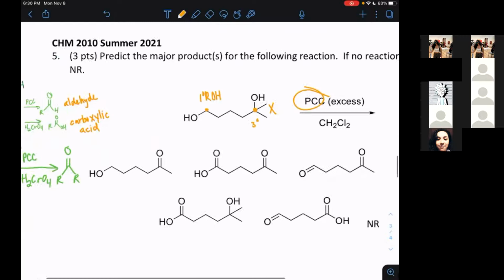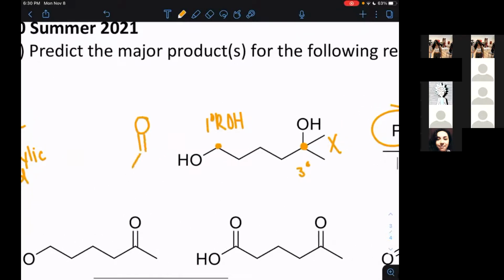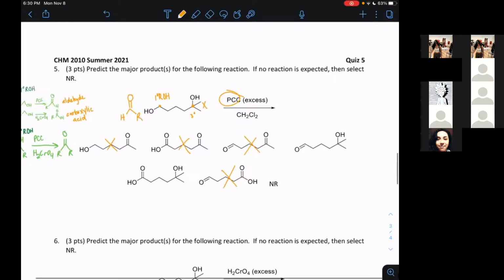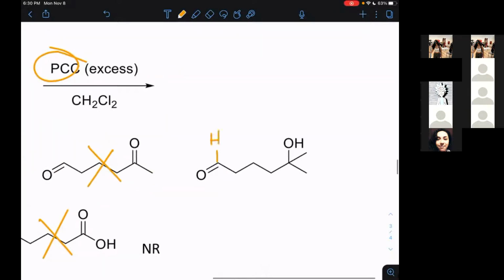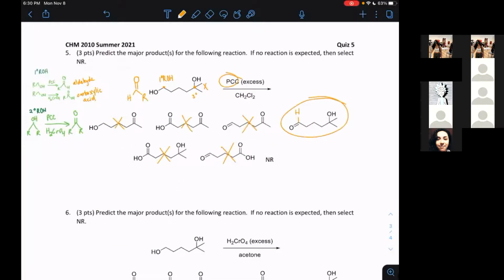So it's gonna look like this on that side. So we look for that one. It's not gonna be any of these. And it's not this one either, because it just has the hydrogen. It doesn't really have to be specified. It's right there. So that one is our product.